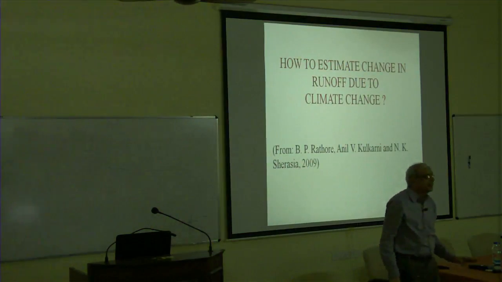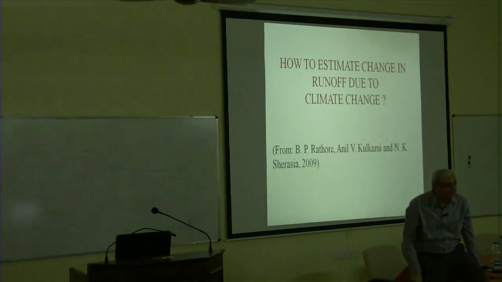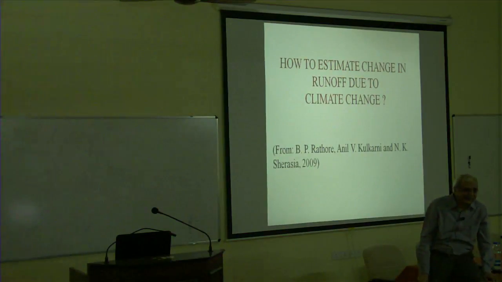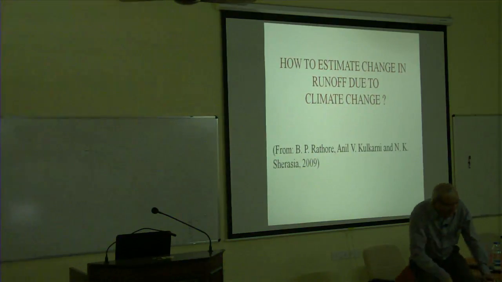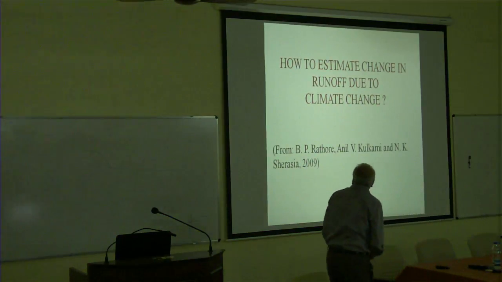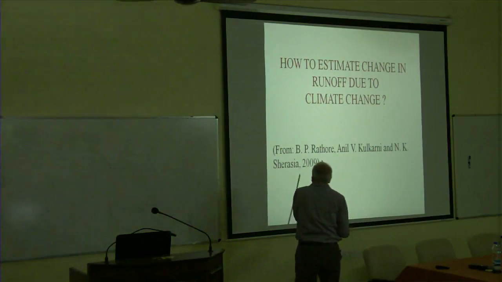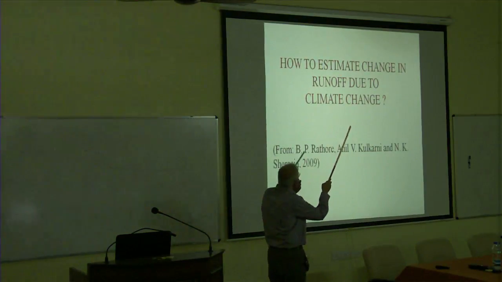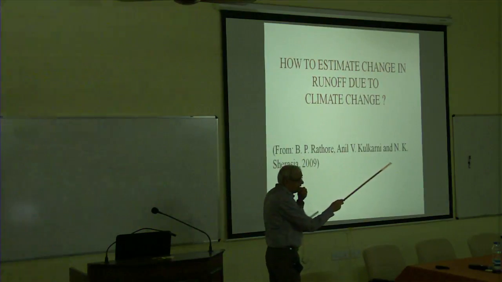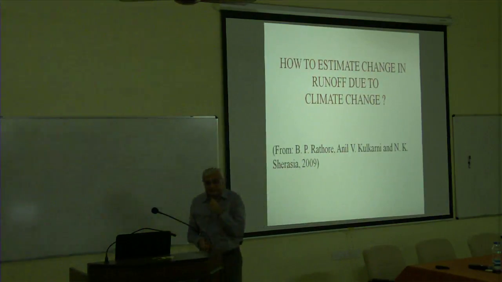How will it change and how will it affect the power potential? So this is a paper which you will also get, I don't know whether that is an exercise or not, but you can always download. This is with me and Rathod and other people have done. How to estimate change in runoff due to climate change, right?